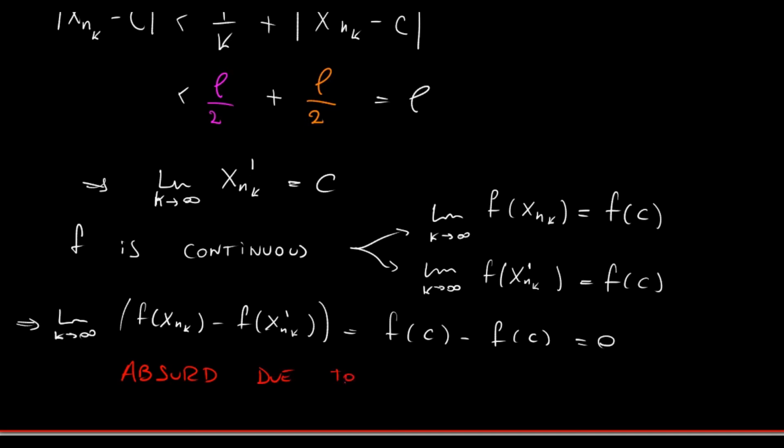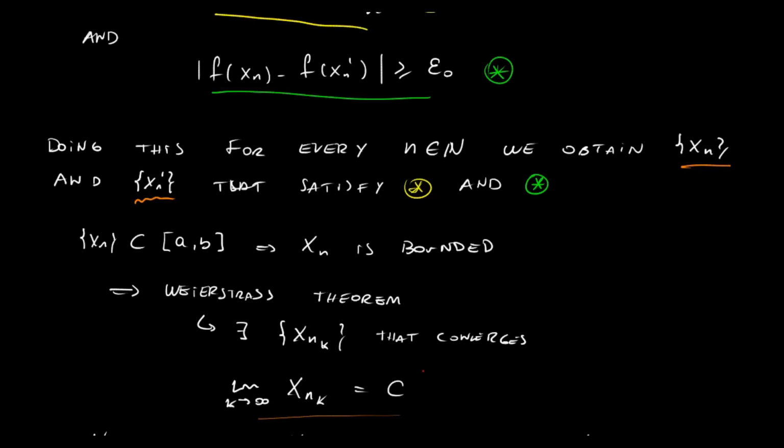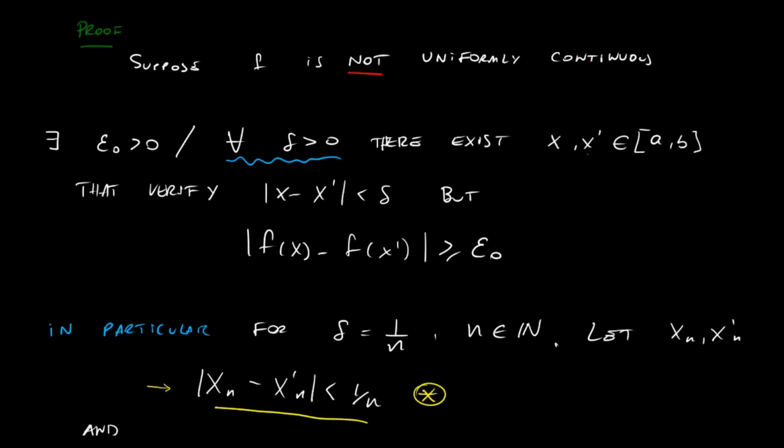And this is due to, and I'm gonna write it like this, I'm gonna put the mark here on top. We had that the x and x prime that we could find satisfied that the difference was smaller than delta, but also that f of x minus f of x prime was greater than epsilon 0. And epsilon 0 was a positive number.